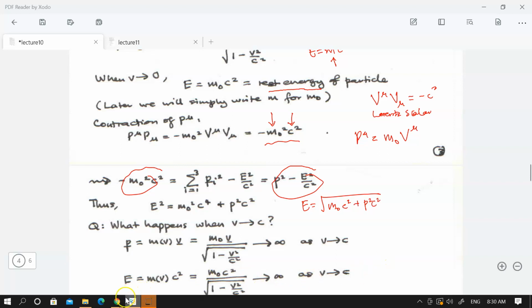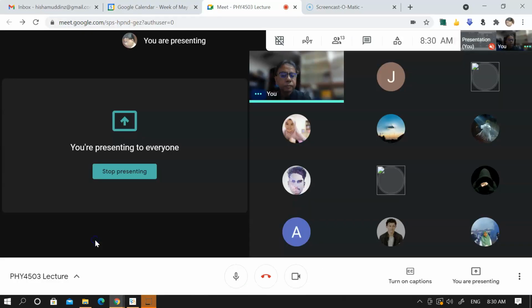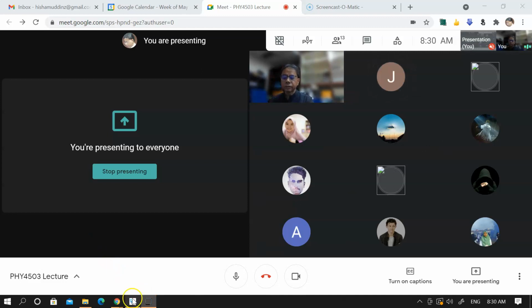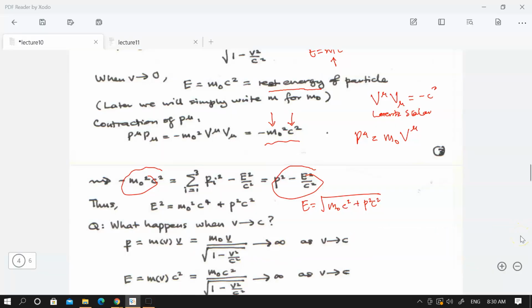Is this familiar to you guys? So in other words, what we have done is essentially our four-dimensional framework just reproduced what you know in modern physics.